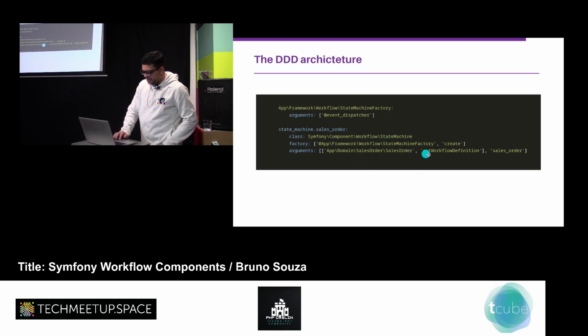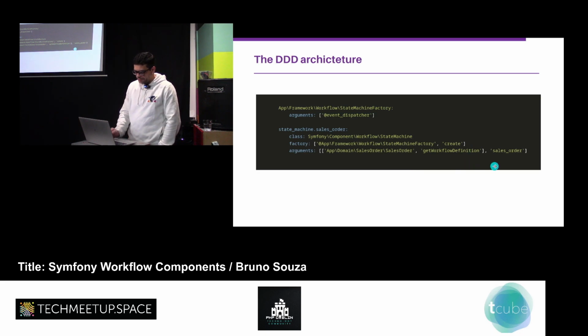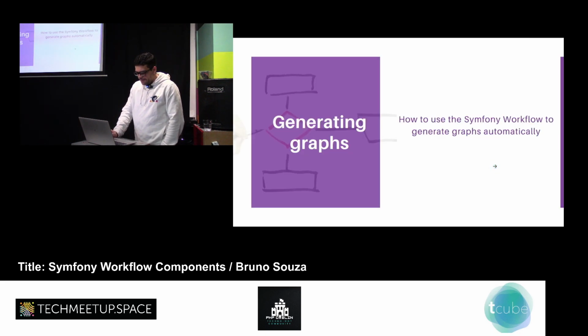And the factory has the create method, and we have these arguments: the sales order entity or domain, and the get workflow definition. And last but not least, a Symfony Workflow Component would not be a workflow component if you could not generate some graphs automatically.